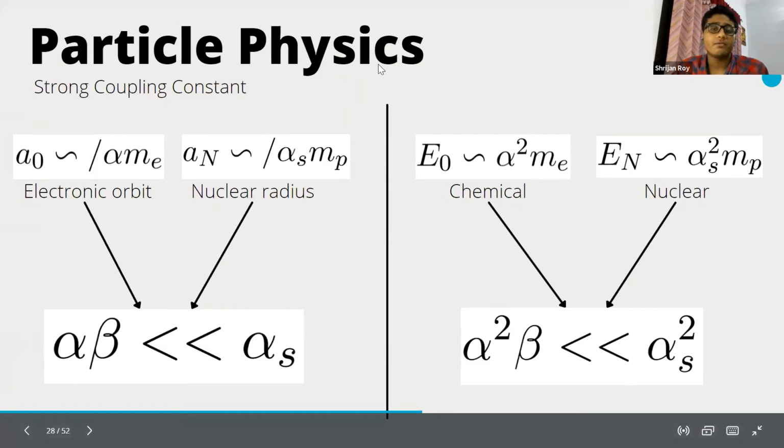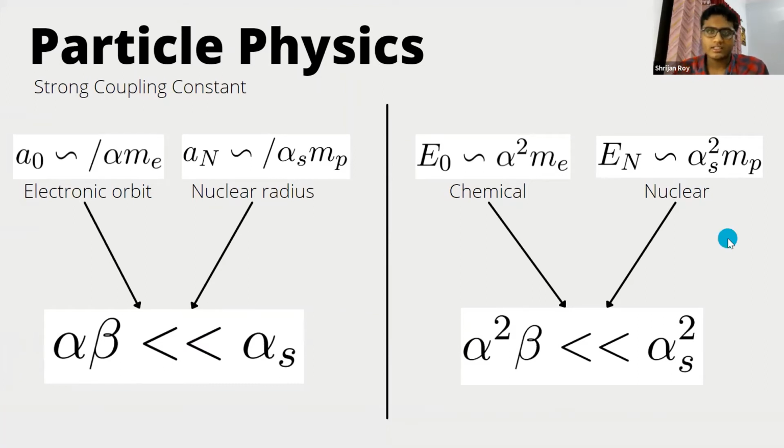And that we want the chemical energy to be less than nuclear energy, because when we mix two chemicals together, we don't want their nuclear configuration to change every time we mix them. We want the chemical configuration, the electrons, to react, and not the nucleons to break apart every time they react.